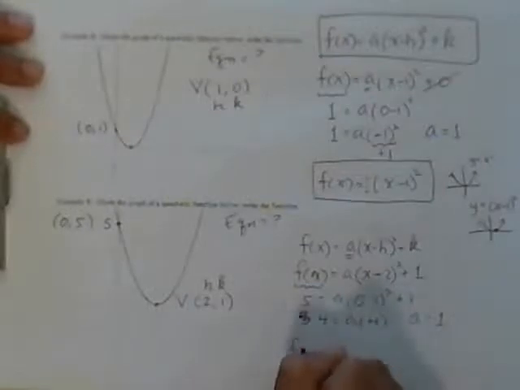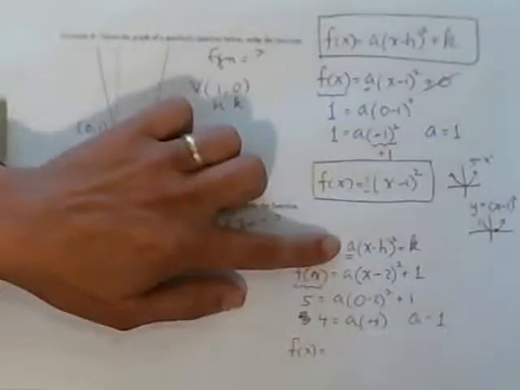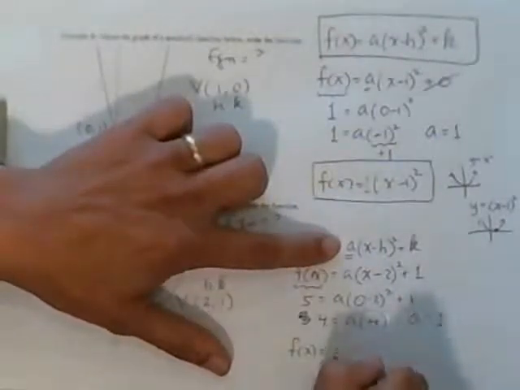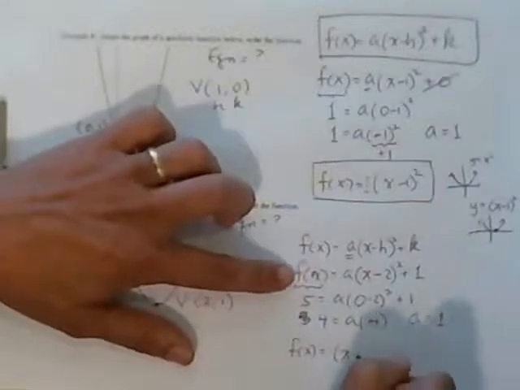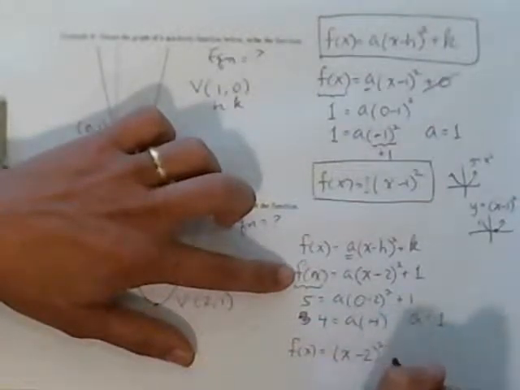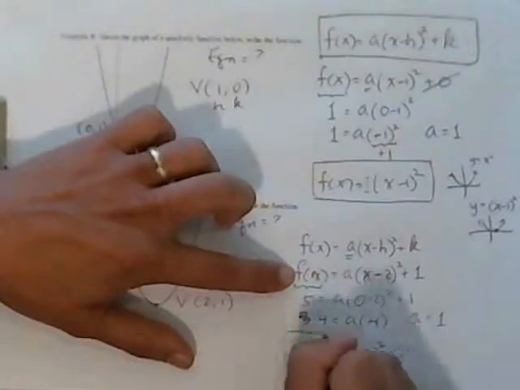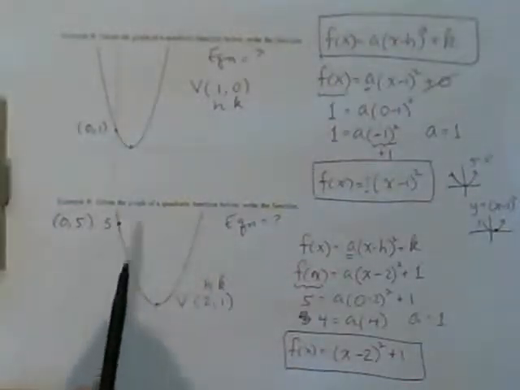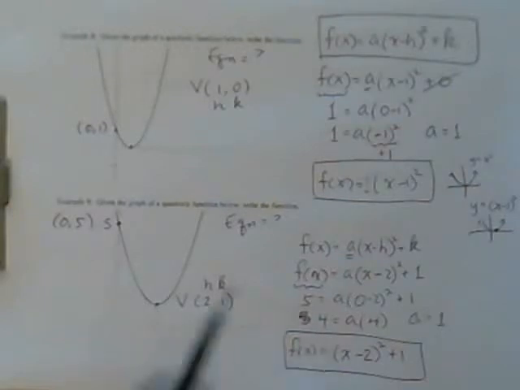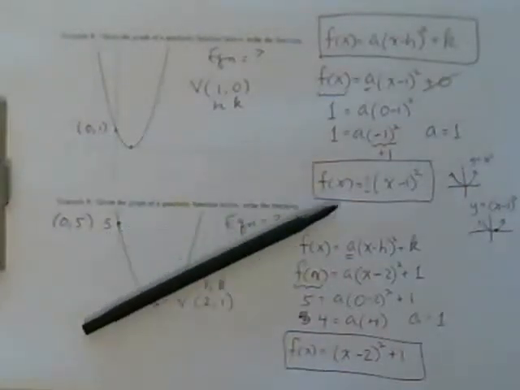So the function looks like a, there it is, it's going to be our 1. We don't need that. X minus 2 squared plus 1. We notice that the leading coefficient right over here is 1. It's positive, it has to go up. If it turns out to be negative, it should be looking like it's going to go down, but that's not the case, so we're good to go.